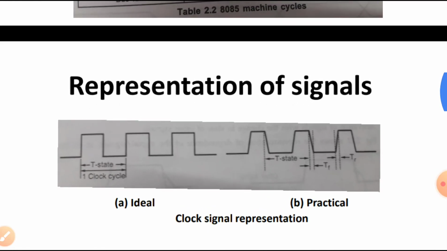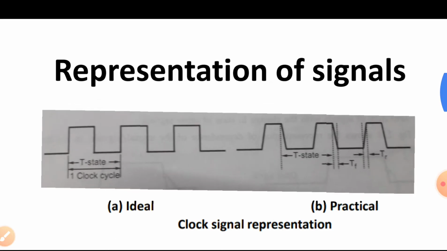Now we are going to start the timing diagram, but before that, let us first know how the signals are represented. We are talking about the clock signals. The 8085 divides the clock frequency provided by X1 and X2 as the input by 2, which is called the operating frequency.